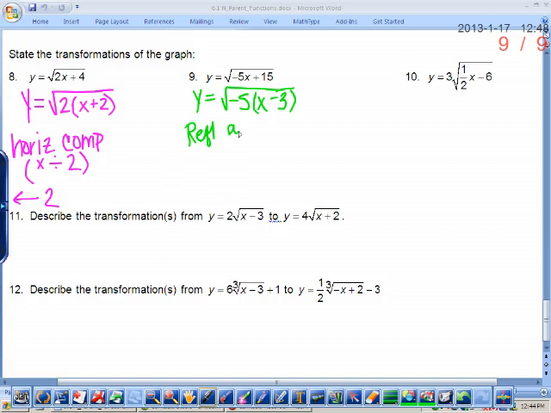Reflect across the y-axis. What does that 5 do? It's a compression. And that means we take our x values and divide by 5. And then we go right 3.